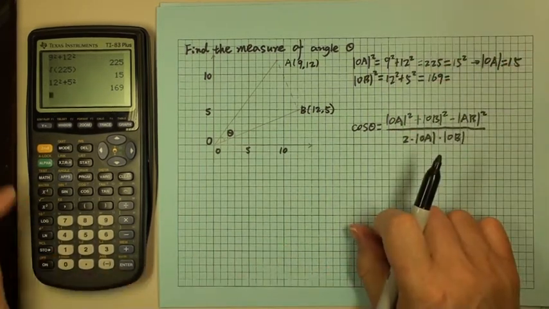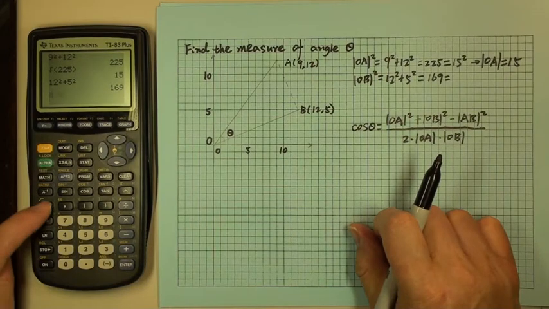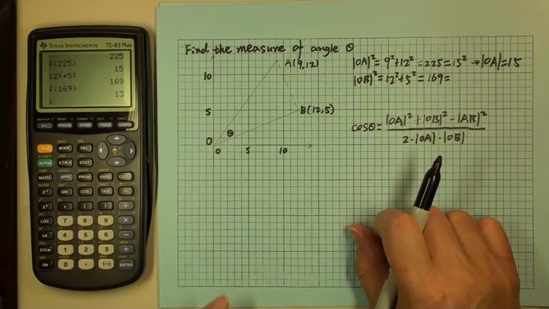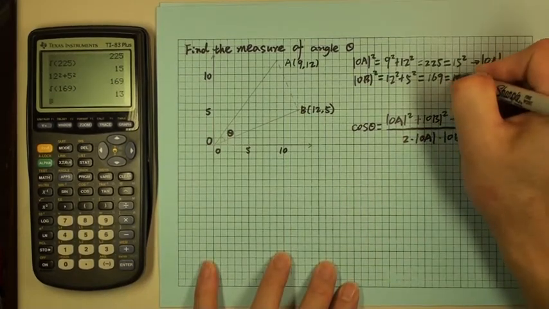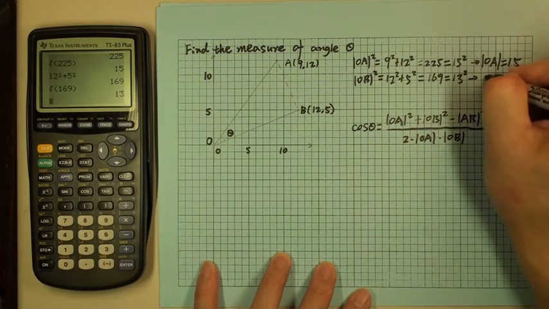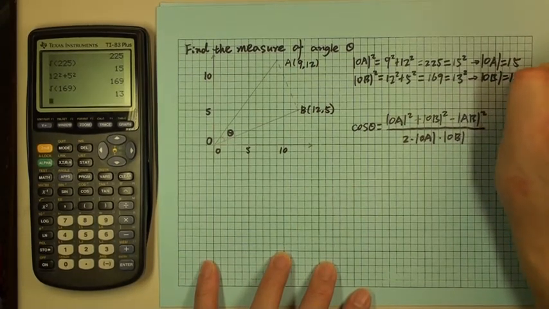Again, if you remember, 169 is actually 13 squared. Then OB is actually 13 units.